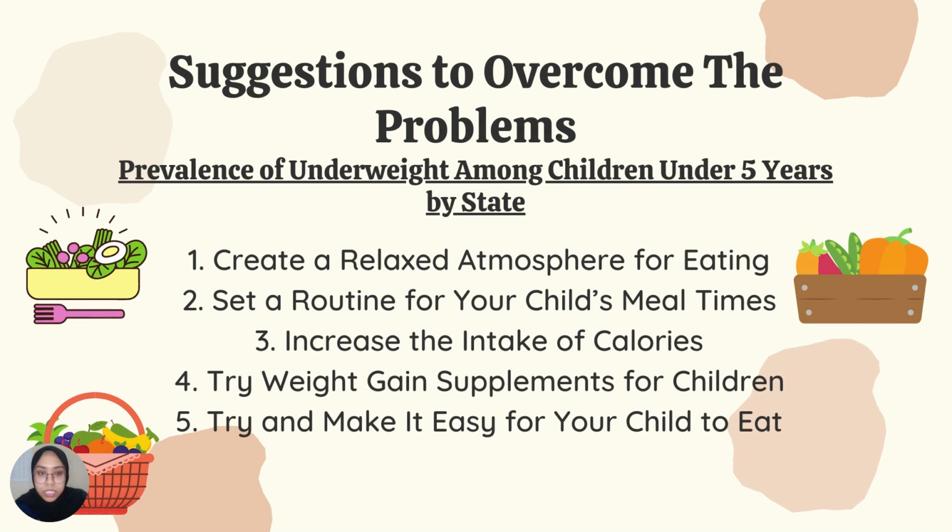Next, so this is the suggestions to overcome the problems of prevalence of underweight among children under 5 years by state. First, create a relaxed atmosphere for eating. Most often kids get distracted by television, phone calls, or the computer when eating.